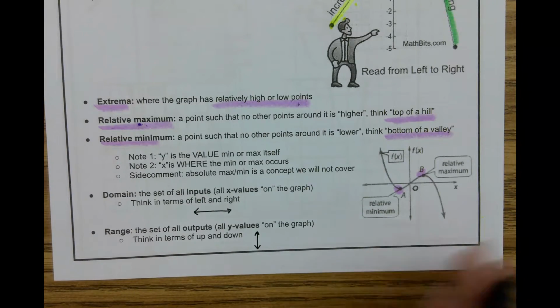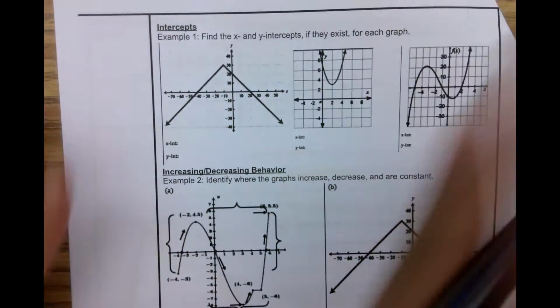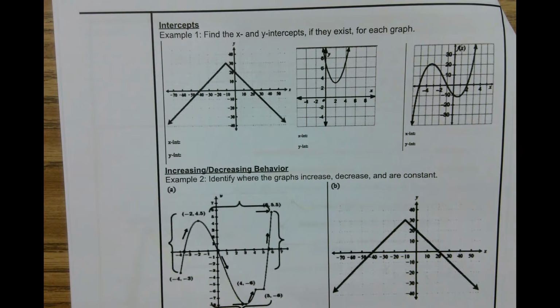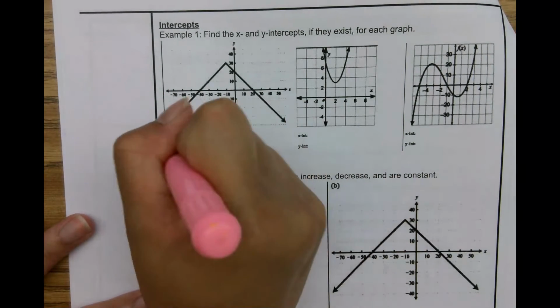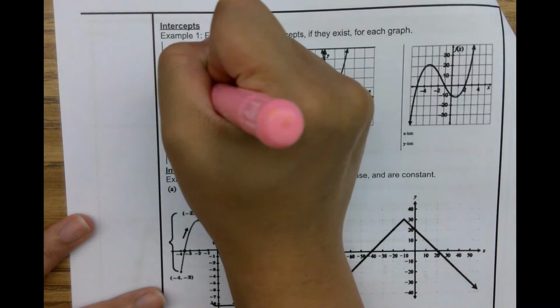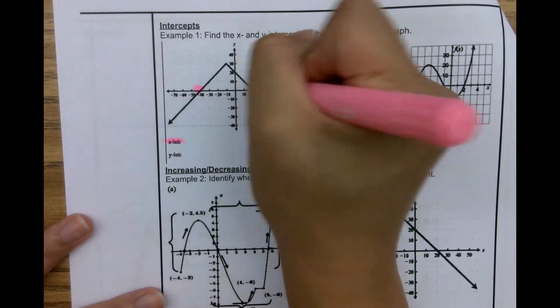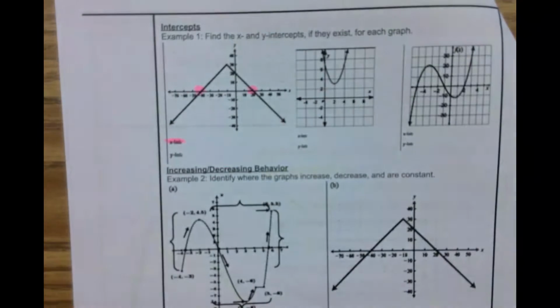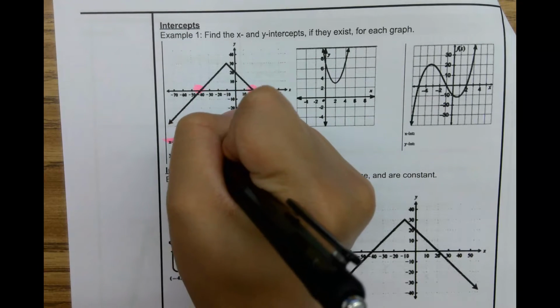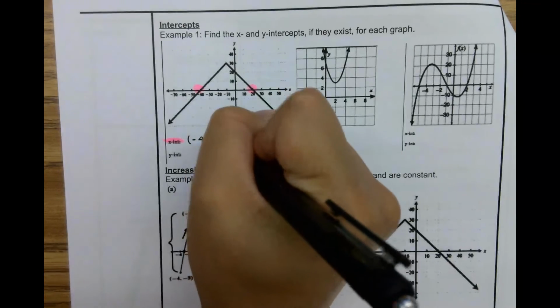So let's get started actually identifying these points. The first thing we're going to do is find our x and y intercept. Here's our x-axis. Where does it touch our x-axis? It touches our x-axis here and here. This point here, the ordered pair is negative 40, 0.